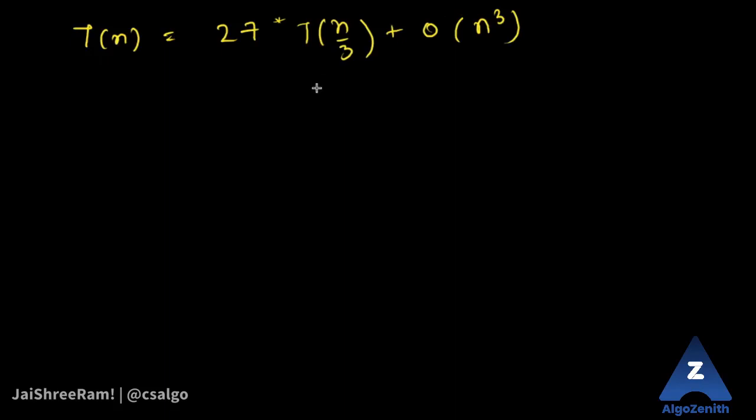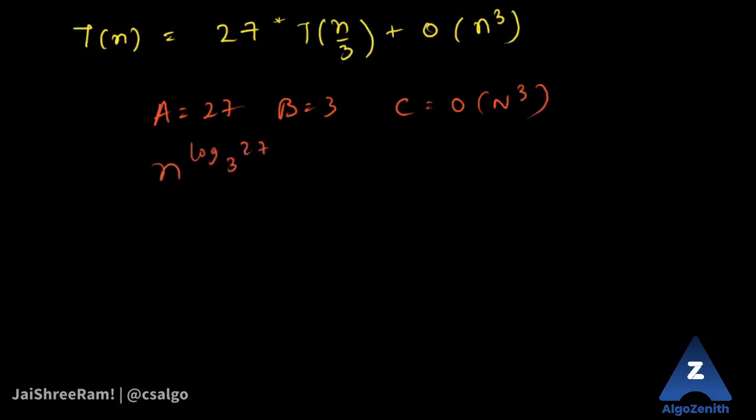Now, if you quickly apply Master Theorem on this, let's go step by step. A is equal to 27, B is equal to 3, C is equal to order n cube. Then n to the power log base 3 of 27 is equal to n to the power 3, right?